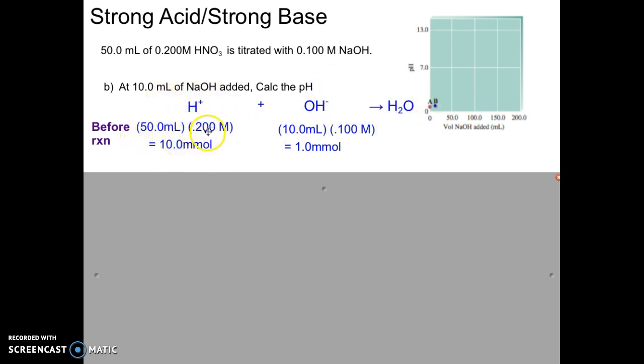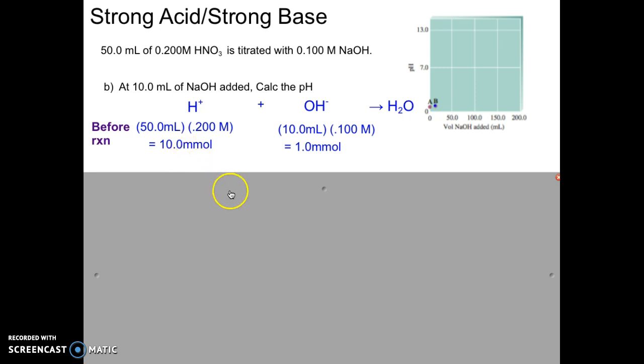The concentration is 0.2 molar, as you can see, I have that right up here. So that makes 10 millimoles. And I also am adding 1 millimole of hydroxide, because I've got 10 milliliters of my sodium hydroxide, and its concentration is 0.1 molar, so that would be 1 millimole.